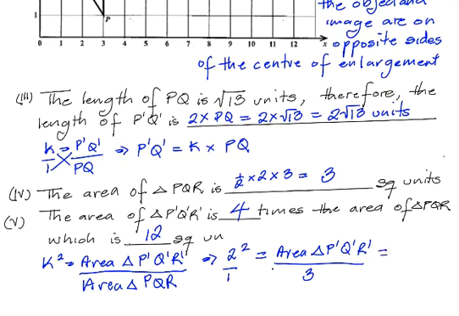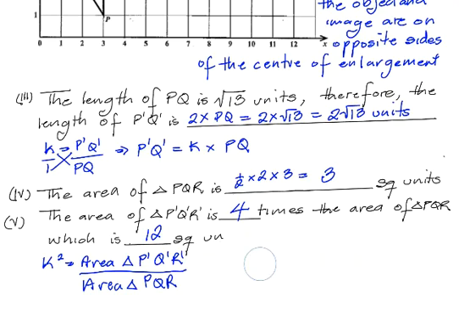If I have one fraction equal to one fraction, I would cross multiply. So the area of triangle P'Q'R' is equal to 3 times 4, which is equal to 12.